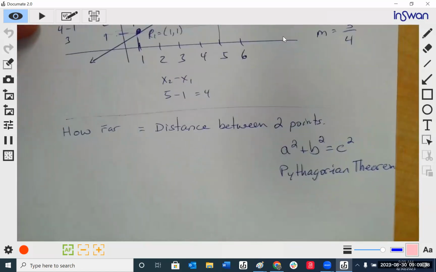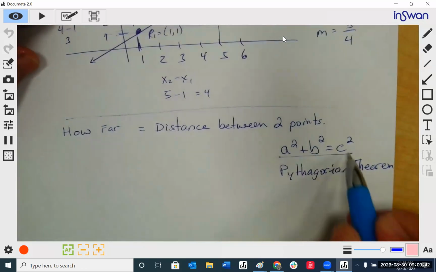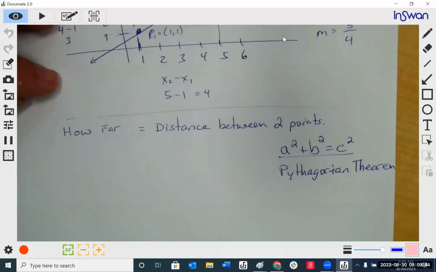It's the Pythagorean theorem. A squared plus B squared equals C squared. Pythagoras was a Greek philosopher and mathematician, a couple of hundred years BC, before they even had paper and pencil. He did a lot of his work on the sand.